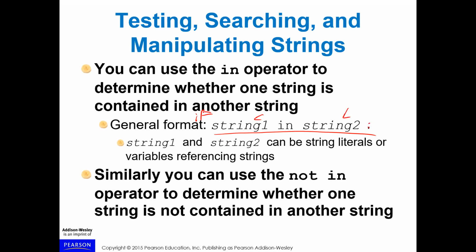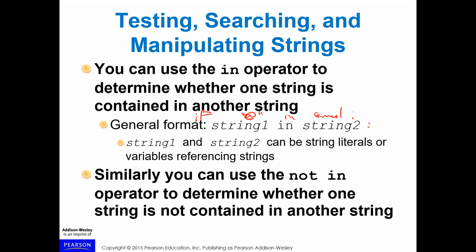Right, so we're basically saying if, and I think you saw this before when I did the email input validation, I said if @ in email, right? And so we've looked at that before. Now, string 1 and string 2 can be string literals or variables referencing strings.